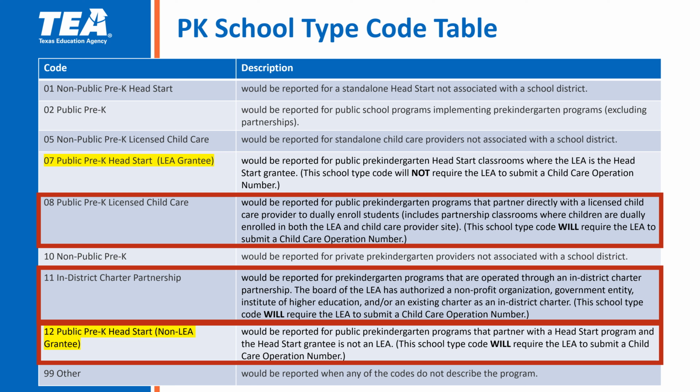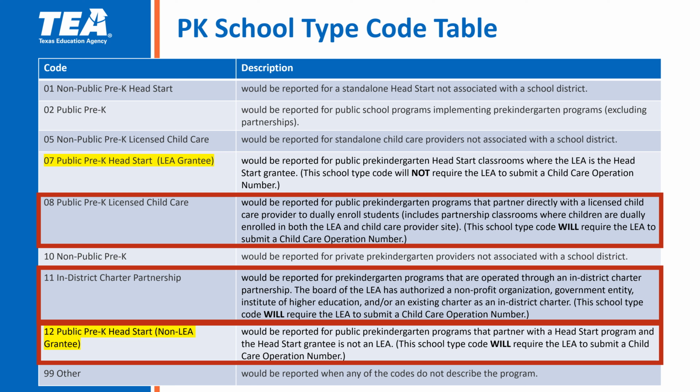The code 02 is used for public pre-kindergarten classrooms at the LEA with no partnerships or dual enrollment. If an LEA has partnered with a childcare provider to dually enroll students and offer a pre-kindergarten classroom, the LEA should be using code 08, which will prompt the LEA to enter the childcare operation number.